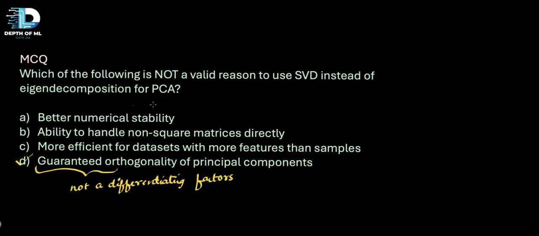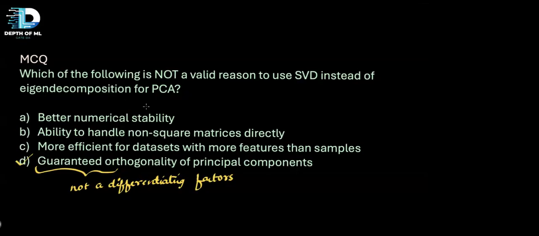So I told you that SVD has better numerical stability because the eigenvalues don't get squared in SVD. So the rounding errors are less in SVD because you're not squaring the matrices or the eigenvalues. And then the ability to handle non-square matrices directly is definitely a point which we prefer in SVD.